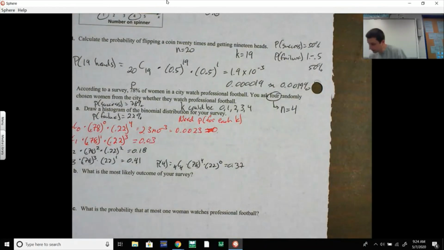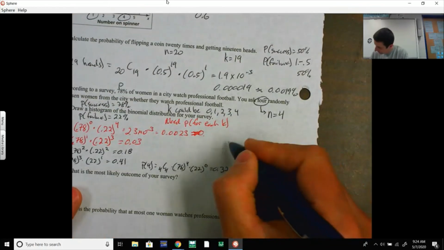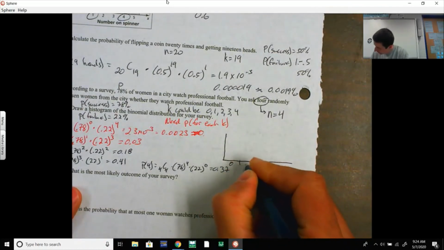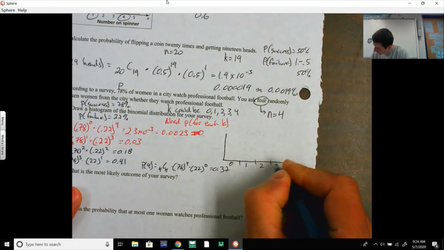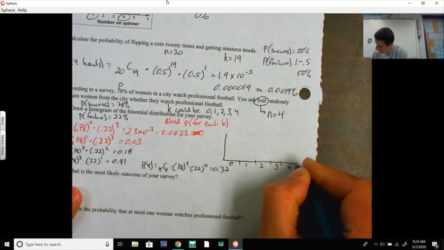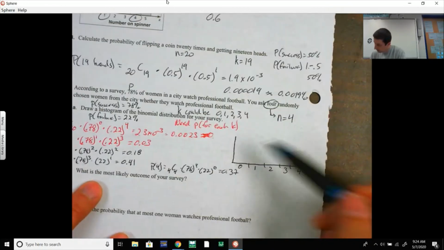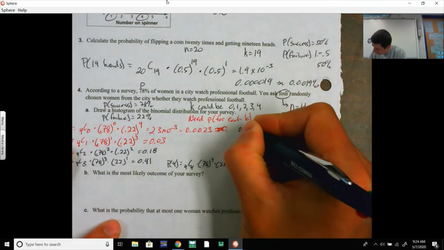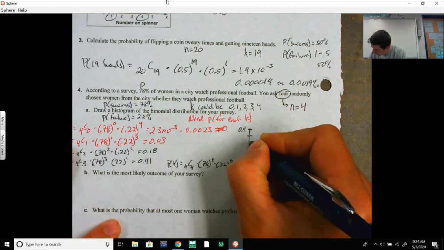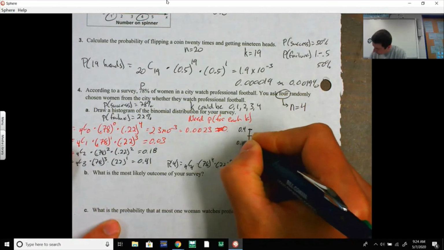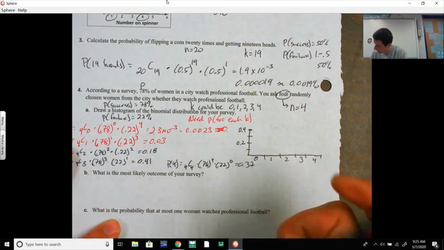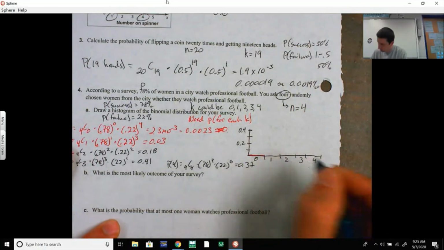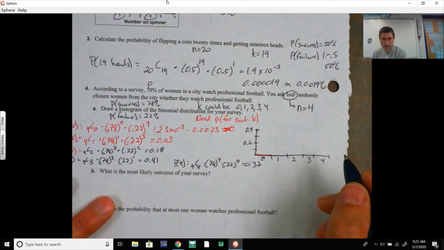Okay, so there's that. They want the histogram. So we have 0, 1, 2, 3, and 4. And on our y-axis, our probabilities go from 0 pretty much up to 0.41. So we'll call this 0.4, 0.2. The probability of getting 0 is not very likely at all.